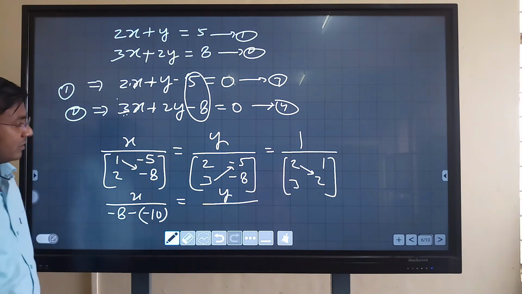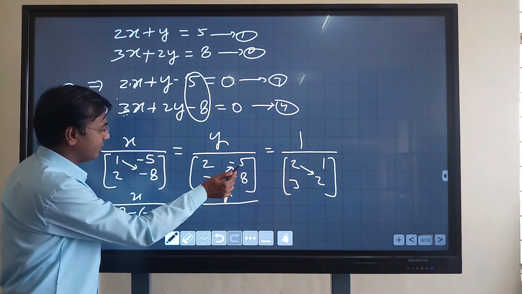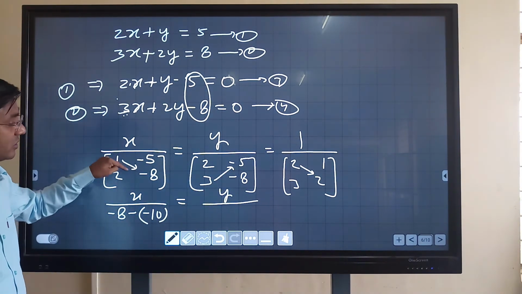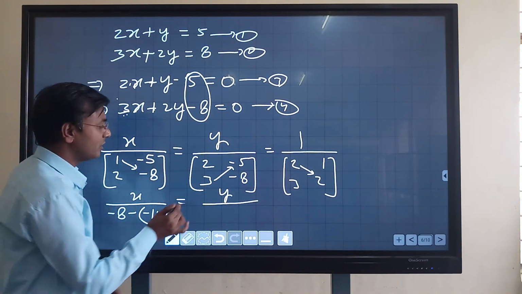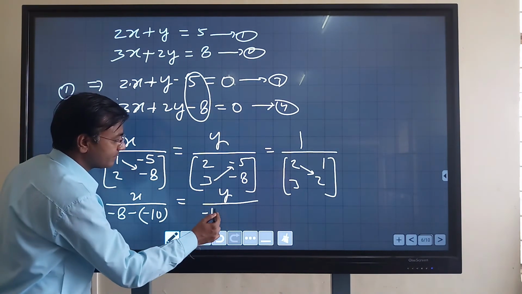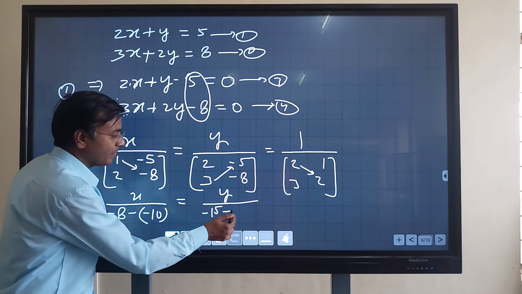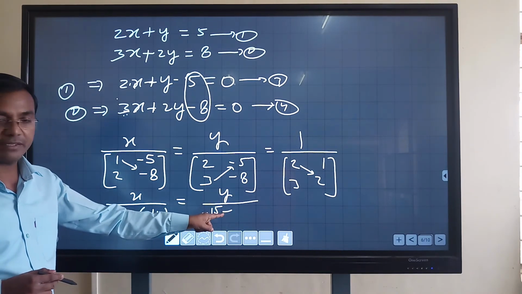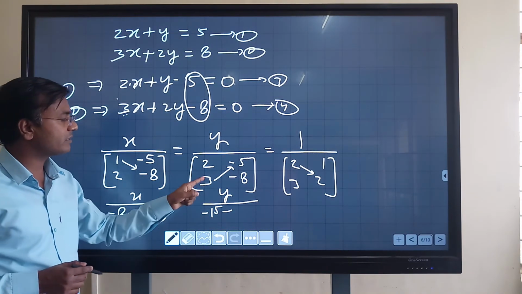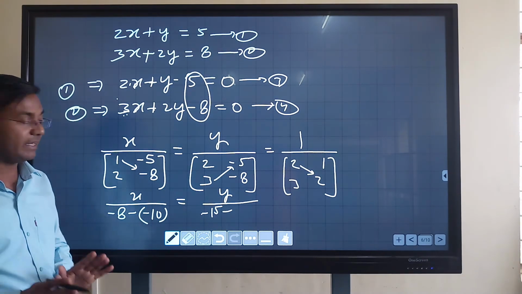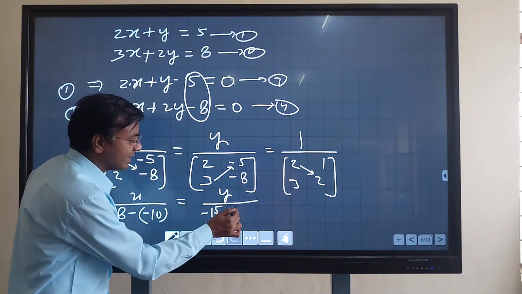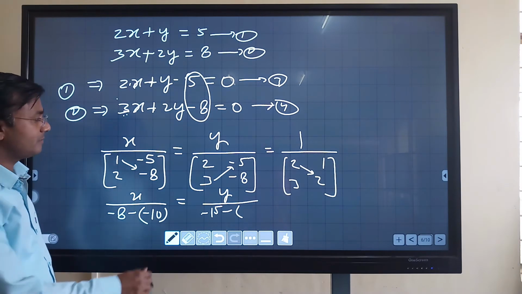Now again this arrow indicates the down to upward direction. This direction is very important, otherwise the question will be wrong. So 3 into -5 is -15. Every time you will have to write -15 here because of the product. This might be plus or this might be minus, but there is always a minus sign. Then you can use brackets.